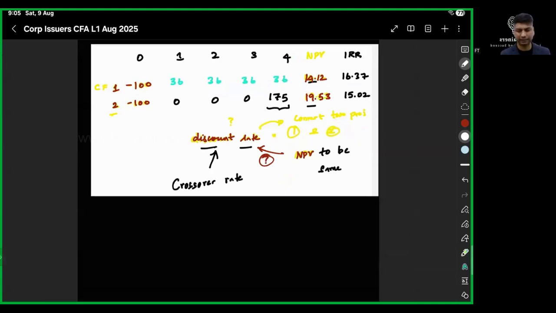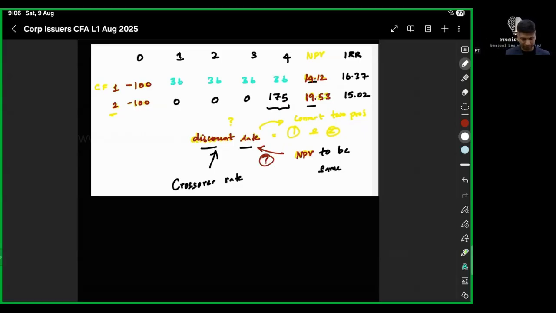The reason they ask is this. If you present this data to your CEO, the CEO might ask, what was the discount rate you used? What if you change it? Will it change the NPV? There will be a certain discount rate where both projects have the same NPV because of the timing differences. How to calculate this?